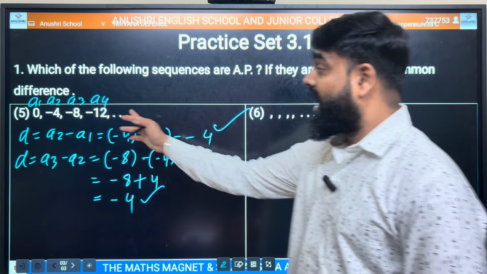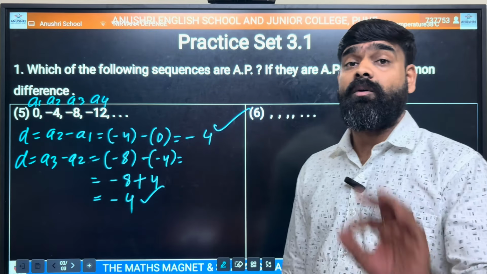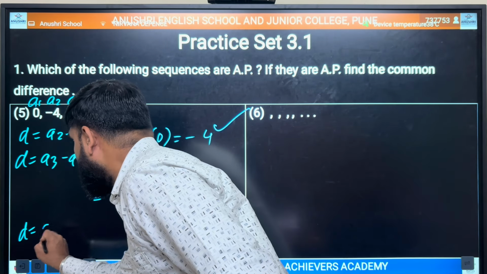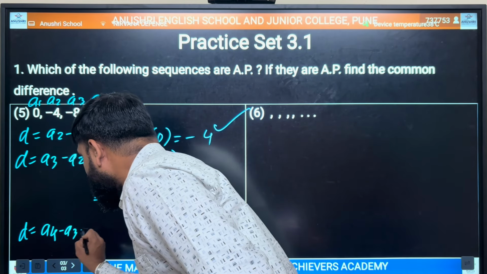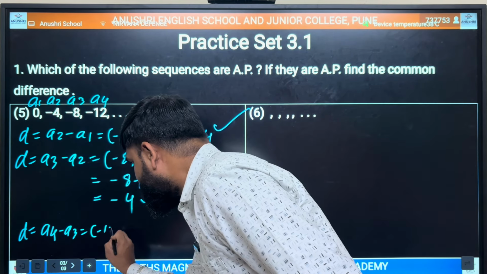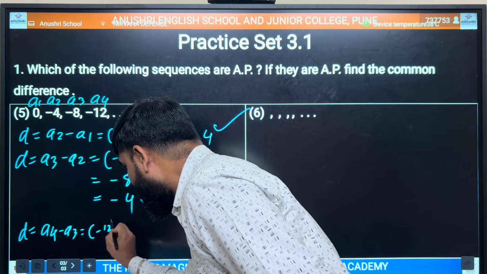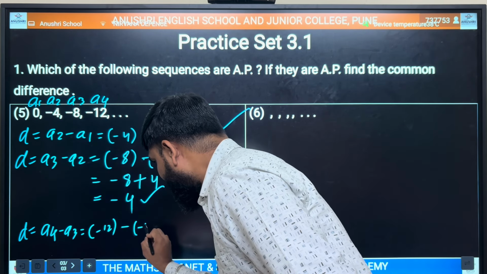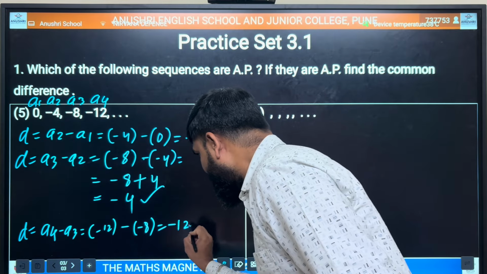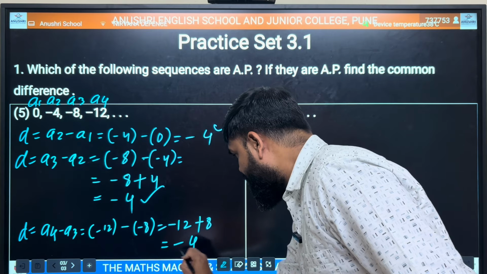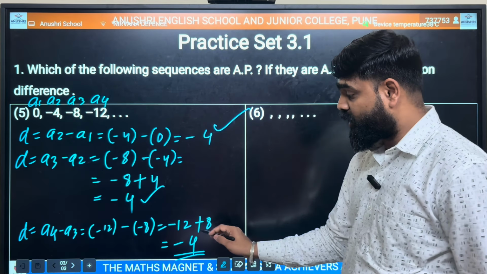So here also we got minus 4. But if you are having 4 terms, then you have to do all the calculations here. So let us find this. D is equal to A4 minus A3. A4 is minus 12 minus minus 8. So minus 12 minus minus will be positive 8, and we are getting minus 4 here also.